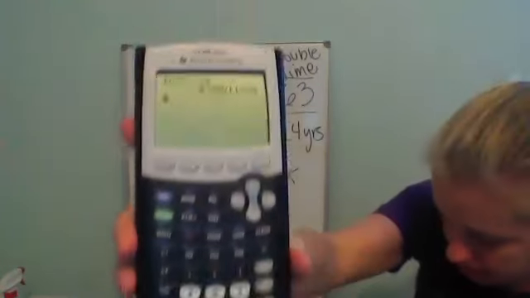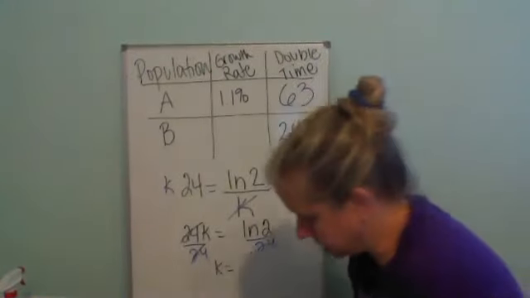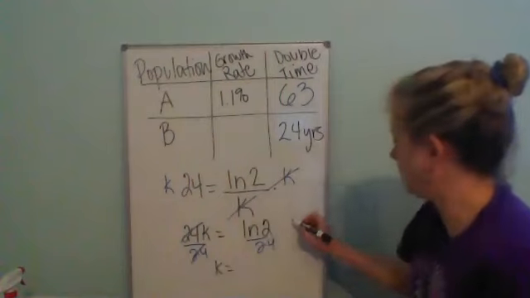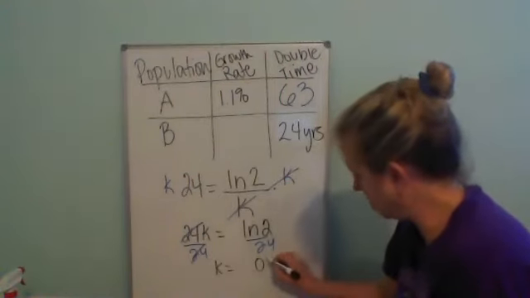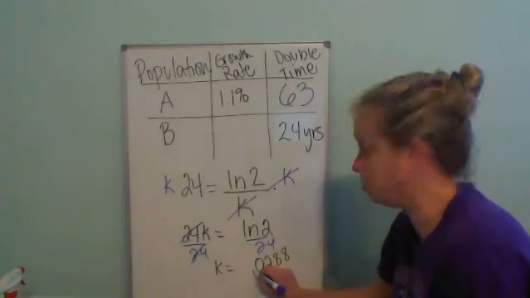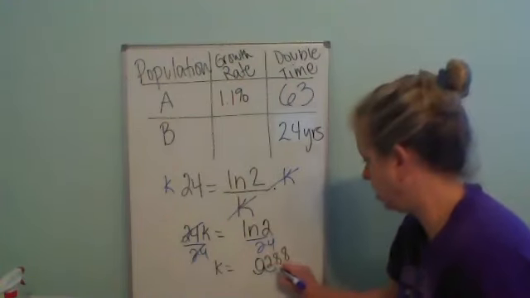And it tells me 0.0288, and I'm looking, let's see, what does it tell me to do? The nearest tenth. So first of all, we need to turn it to a percent.